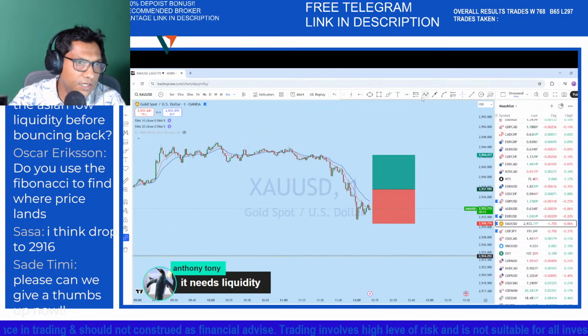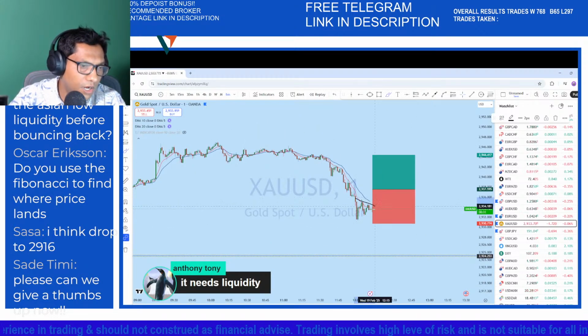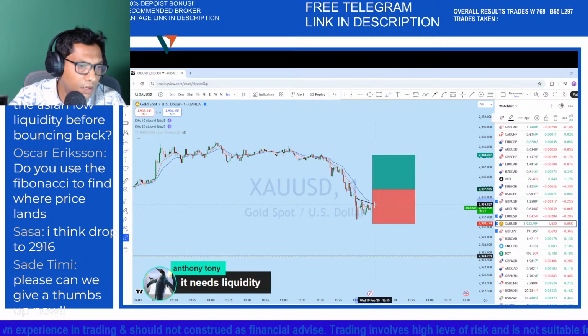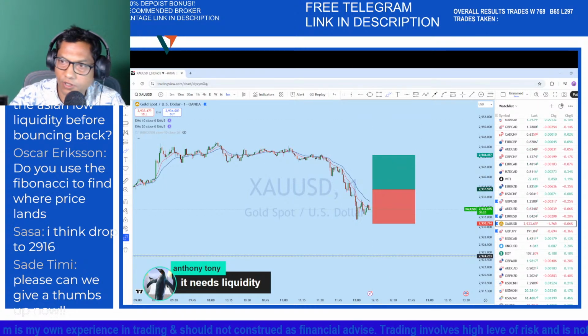Now you can see this is a narrow triangular pattern formation, and with the narrow triangular pattern formation, if it bounces, that's where you will be in the trade.